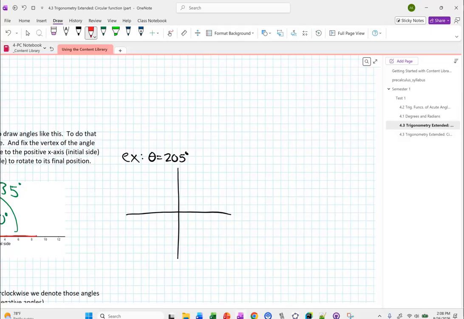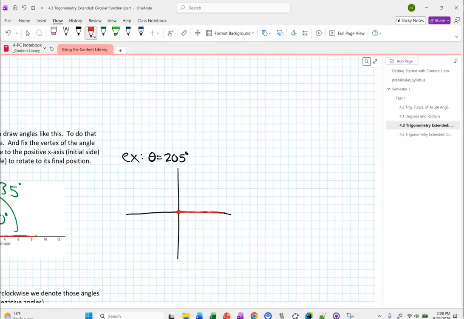That's one that we couldn't draw in geometry, right? No way to draw that. We've now created a way to draw this. So we start with the vertex at the origin. Initial side on the positive x-axis.